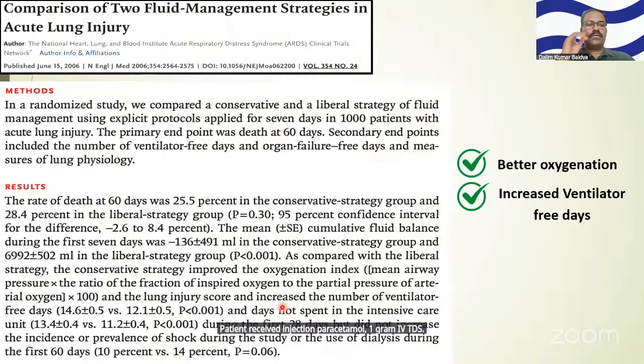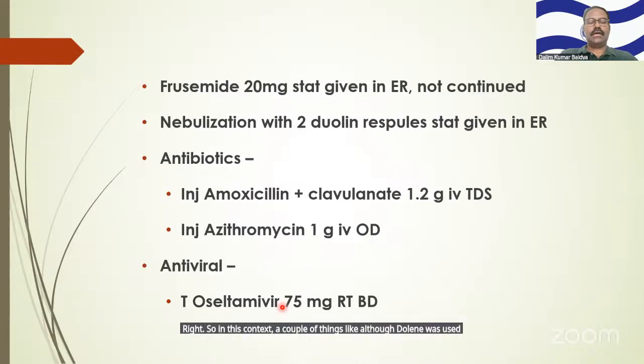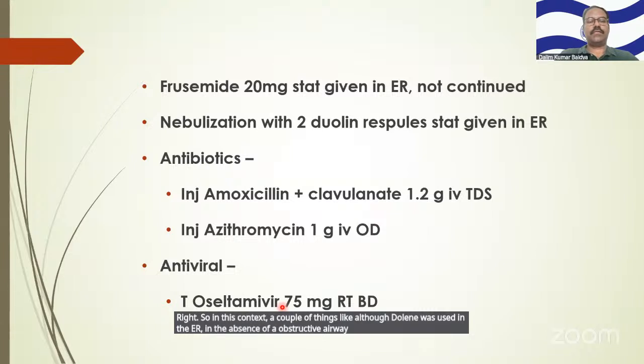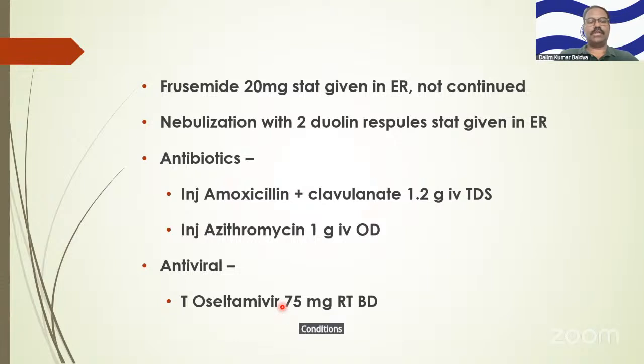Right. So, in this context, although Duolin was used in the ER, in the absence of an obstructive airway disease, we should refrain from using beta 2 agonists in these ARDS patients, because they really do not provide much benefit and even may cause harm in certain conditions, and there are some data to support that.